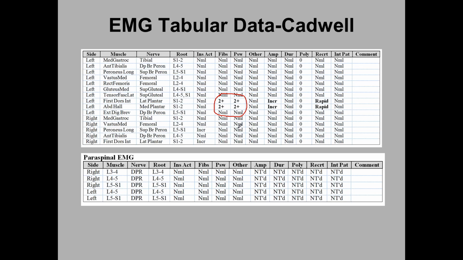It doesn't mean that there's a neuropathy. It means that there's membrane instability. Membrane instability could be the result of axonal pathology or muscle degeneration, right? But what is it that tells us that this is axon loss pathology and not muscle degeneration?